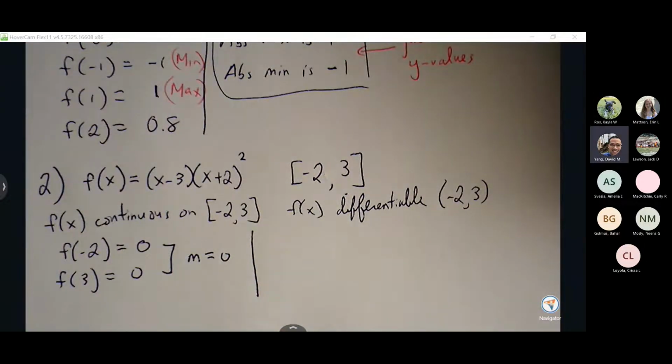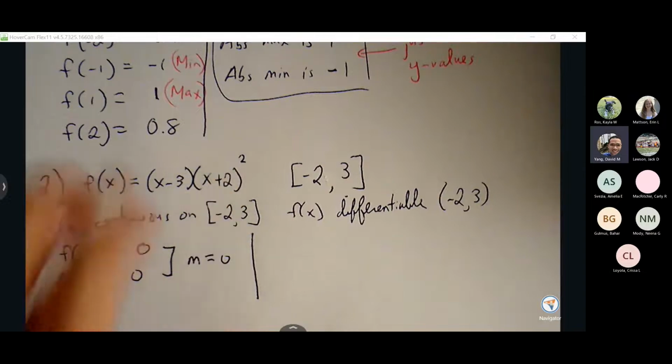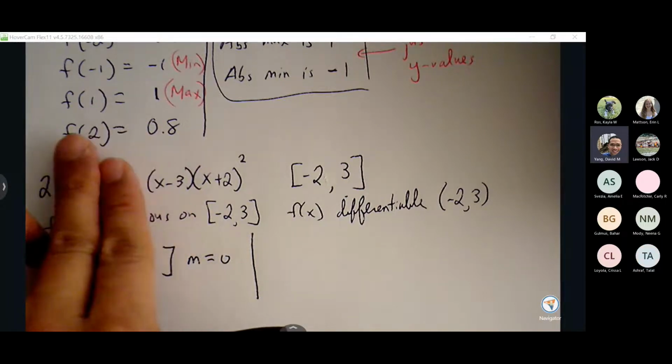Okay, so now going on to the derivative, I went through product rule, but you could just easily FOIL all this out. But if you want to FOIL it out, make sure you do 2 at a time. So let's do the x plus 2 times x plus 2, FOIL that out, and then distribute the x minus 3 through.